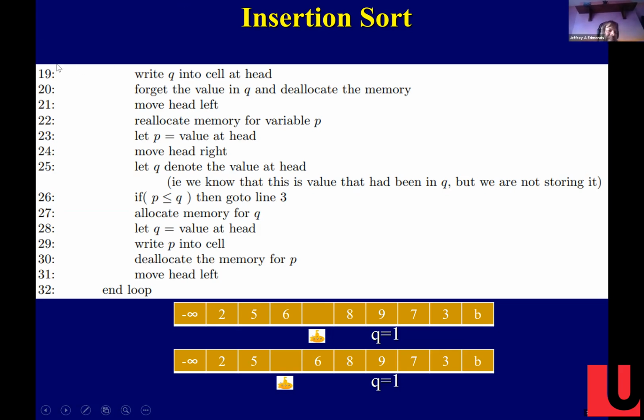All right, so just look at here, right up here, I had the value of Q. I wrote Q into the spot, and now I don't need to remember any Q anymore because I've written it down. So then I can forget Q, and then I can allocate memory for P, and then at some point I forget P. And I remember Q. All right?